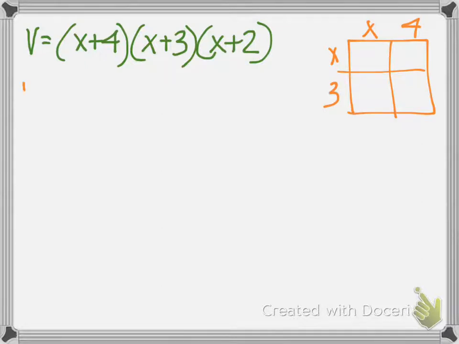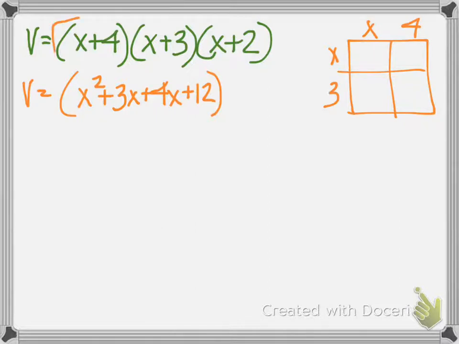You should end up with x squared plus 3x plus 4x plus 12. Now that's only the first two sets of parentheses. You can't do all three at once. It's only the first two sets of parentheses. I'm going to keep that x plus 2 there.